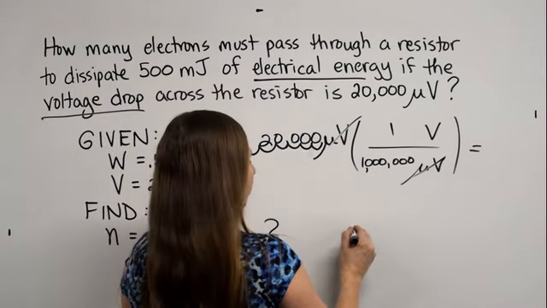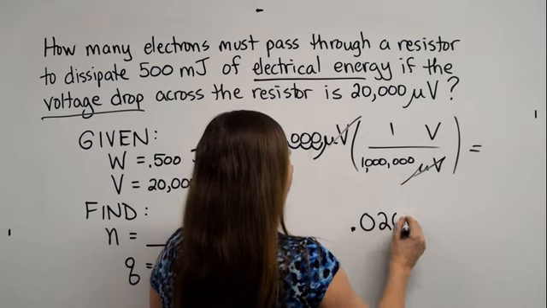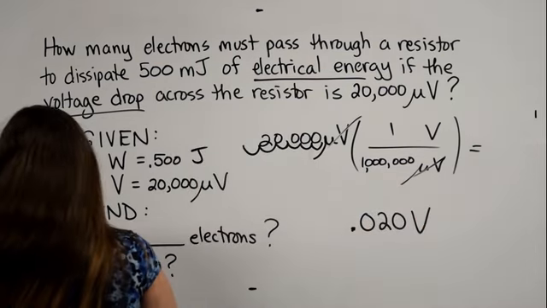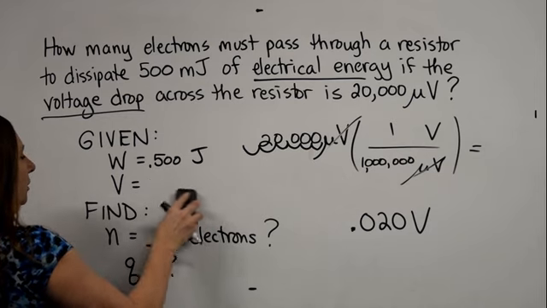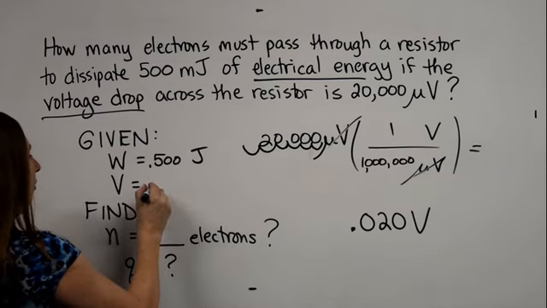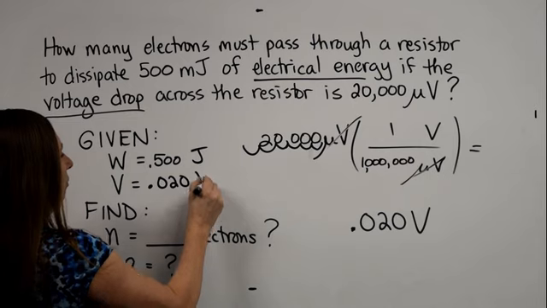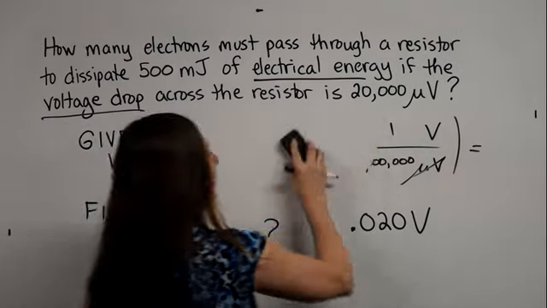So it's 0.02 volts. So that's microvolts to volts. 0.020 volts.